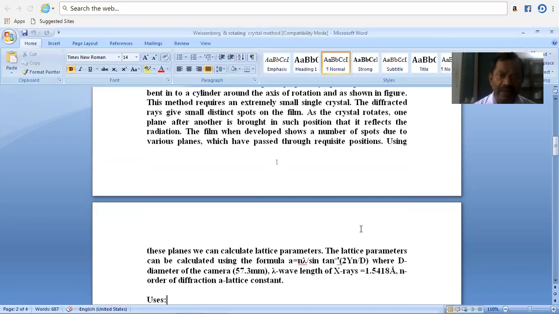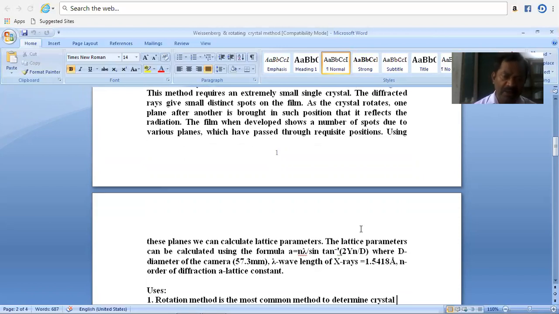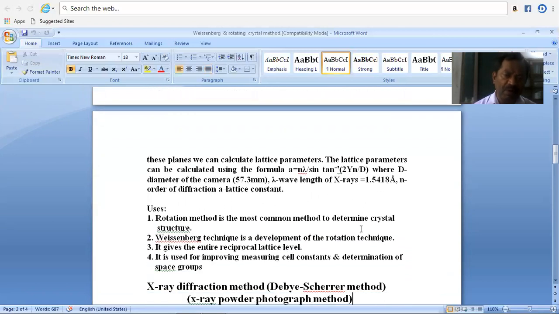In this way we can determine the rotating crystal method. Where we are going to use this method means uses. One, rotation method is the most common method to determine crystal structure. Number two, Weissenberg technique is a development of a rotation technique. This technique is well modified or developed.